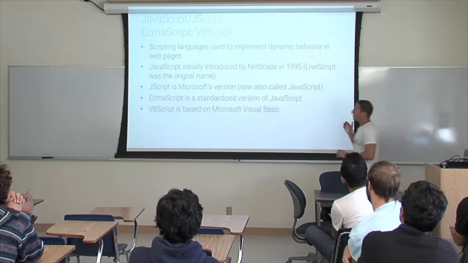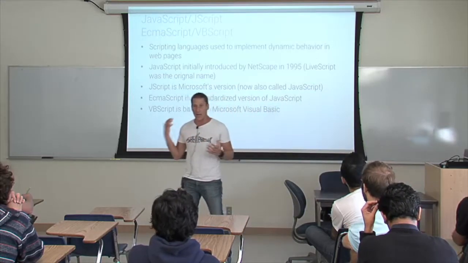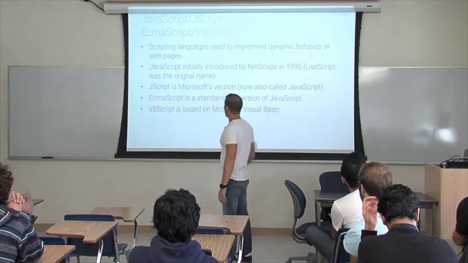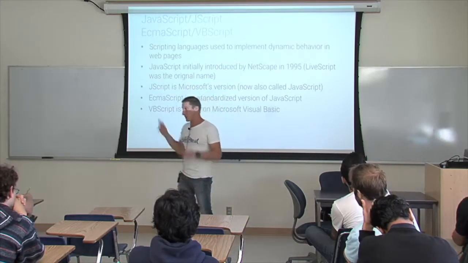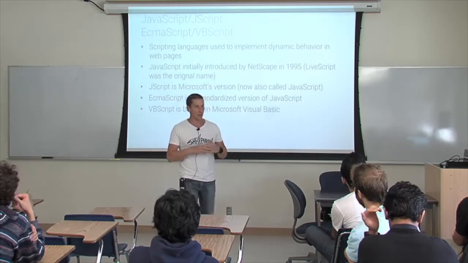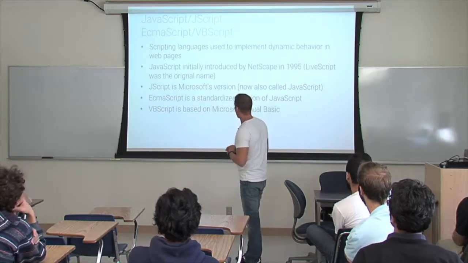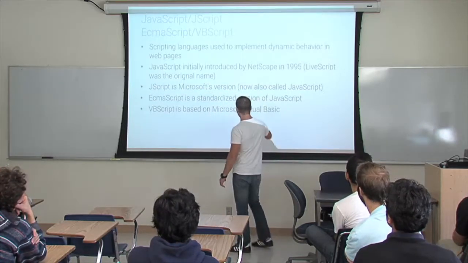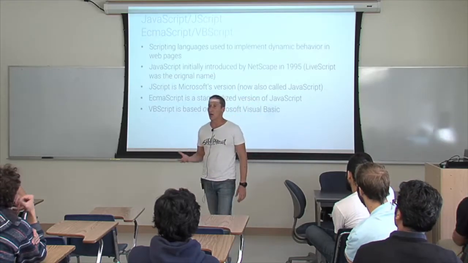And of course, we could not talk about client-side scripting without talking about ECMAScript, JScript, JavaScript, VBScript, call it whatever you want. ECMAScript is the name for the standard, then Netscape called it JavaScript. Of course, Microsoft called it JScript. There is a version based on Visual Basic that is called VBScript. But that's basically an identical concept.